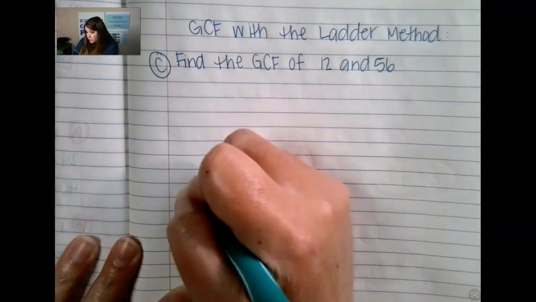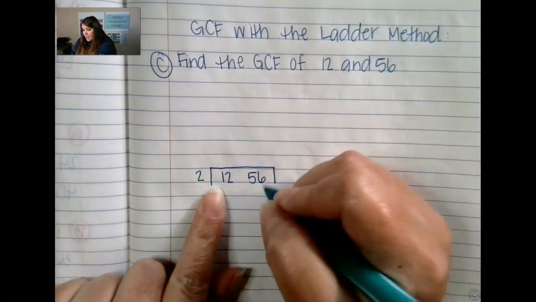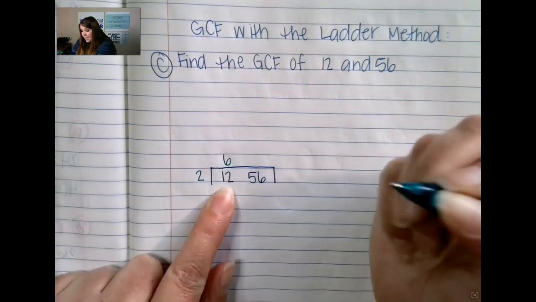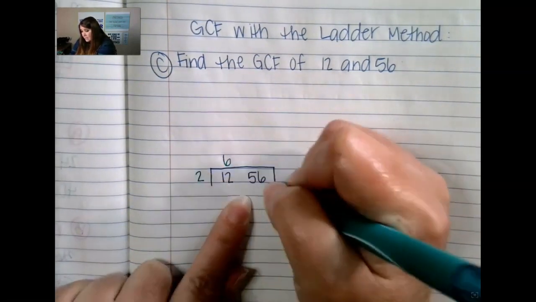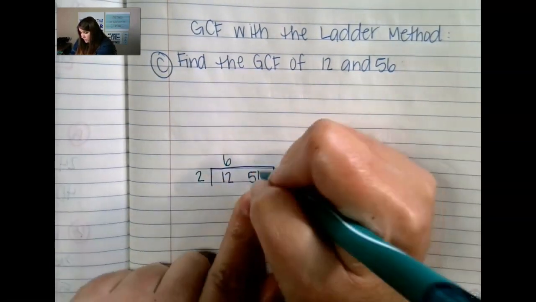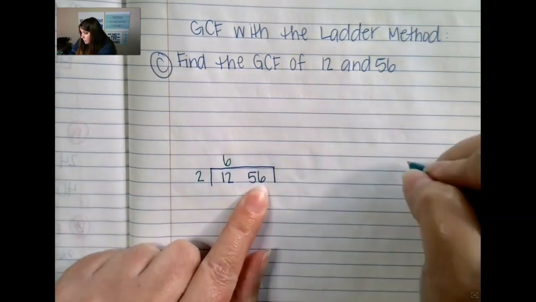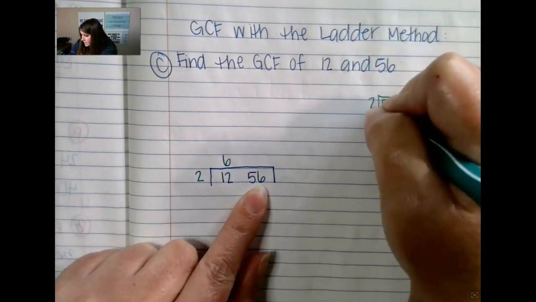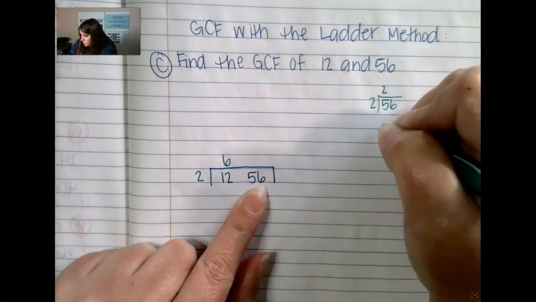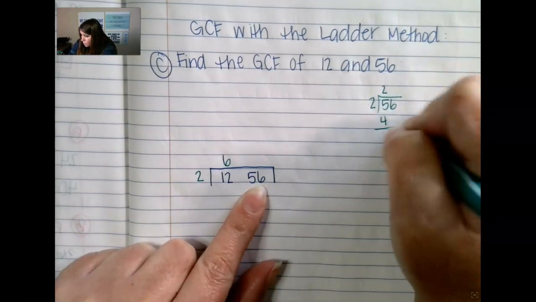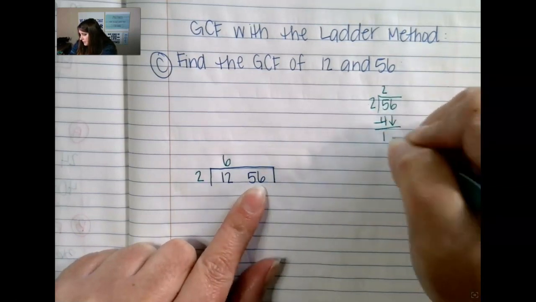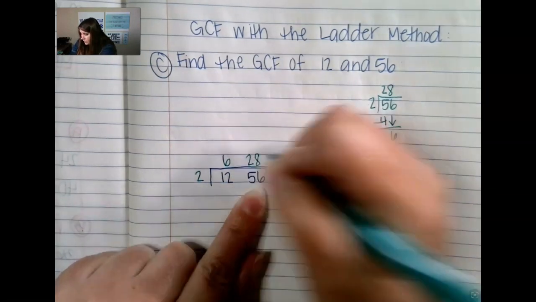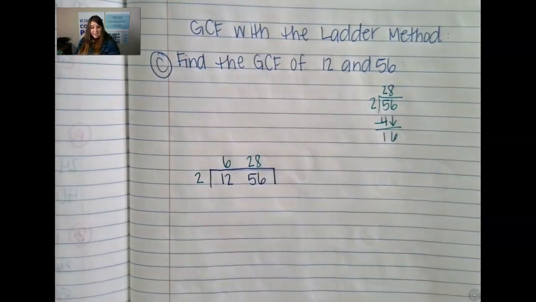So I can pull out a 2 out of 12, and I get 2 times 6, and for 56, because this is an even number, we can do this one out to the side so that way we can make sure we get the right answer. That goes in 2 times. That's 4, 1, drop down my 6, 16, 28. So 2 and 28.